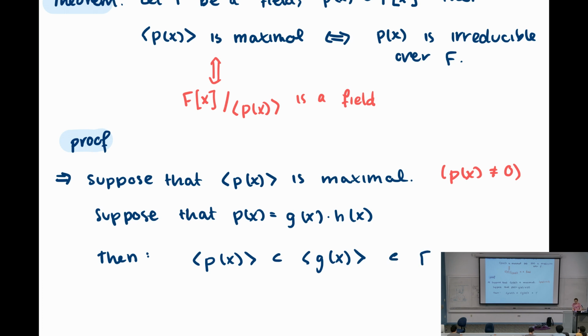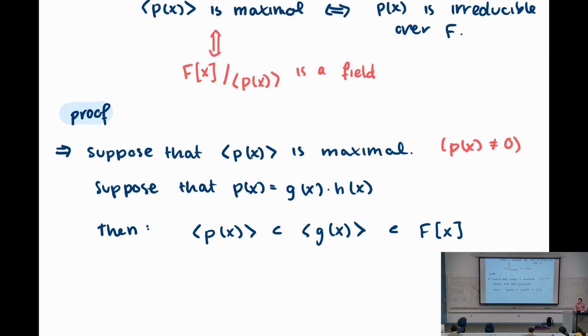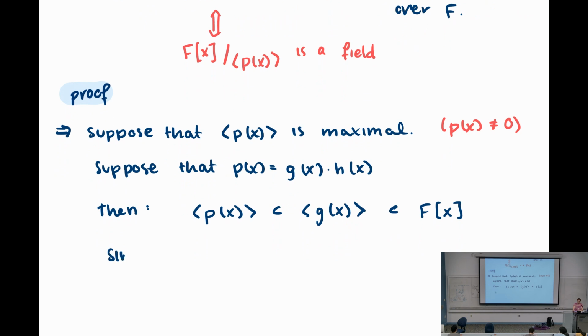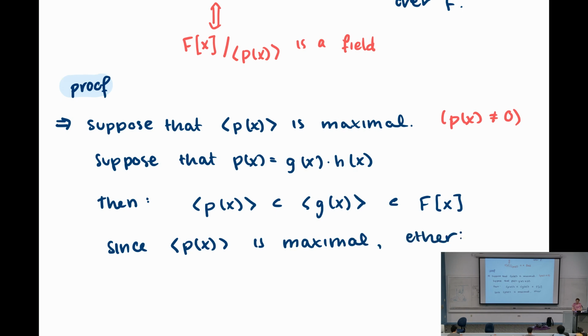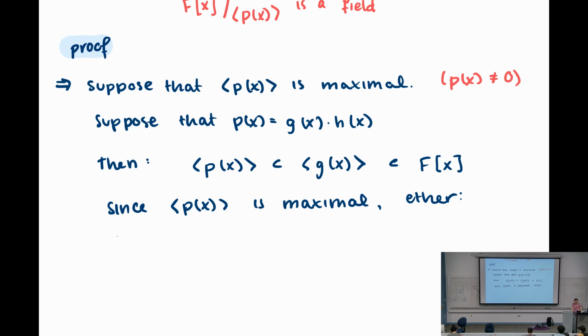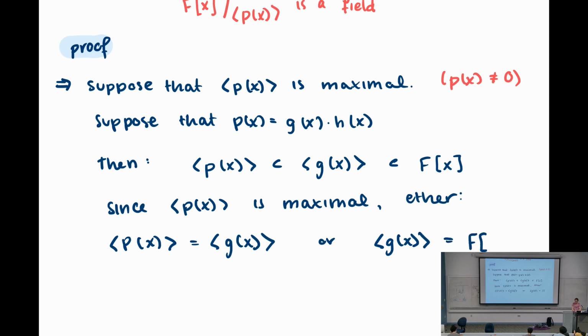Furthermore, this is contained in the ring of polynomials with coefficients in F. And since the ideal generated by P(x) is maximal, the ideal generated by G(x) is either equal to the ideal generated by P(x), or it's equal to the entire polynomial ring F[x].